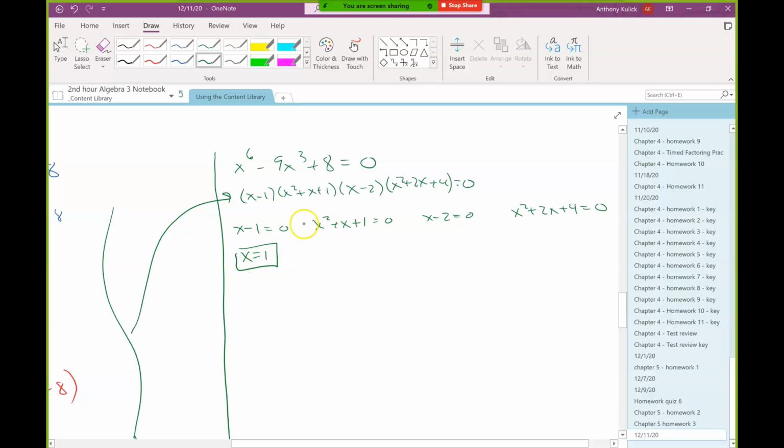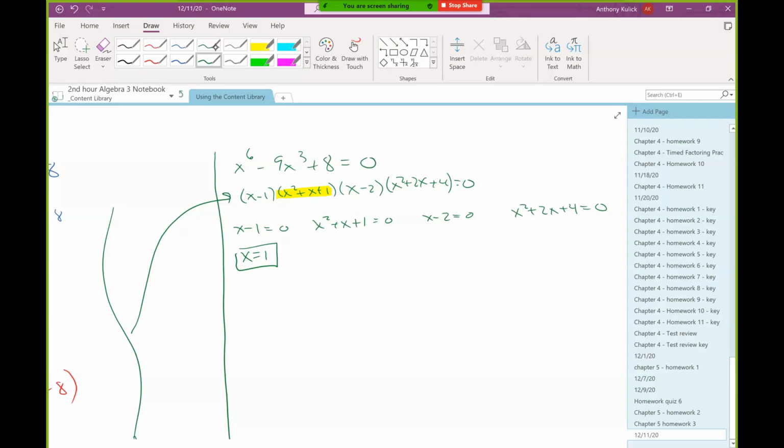So negative b plus or minus the square root of b squared minus 4ac all over 2 times a. So 1 minus 4 is negative 3. And then to square root a negative, I take out the negative and replace it with an i outside the radical.